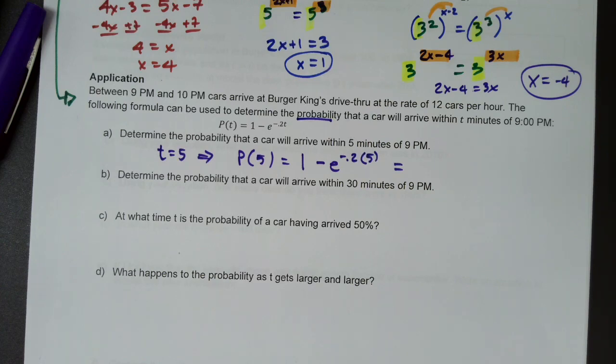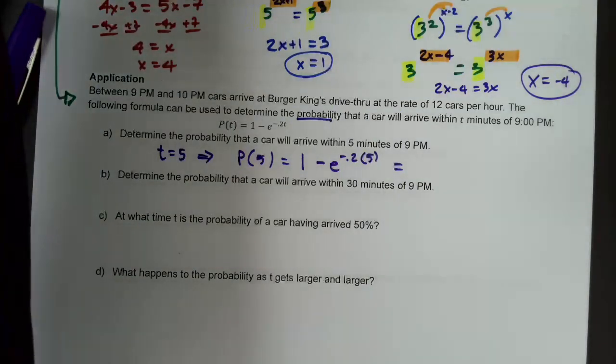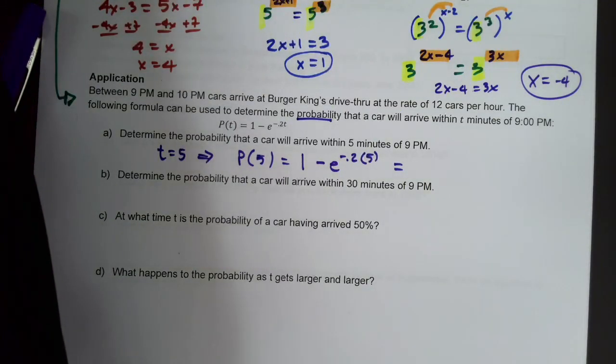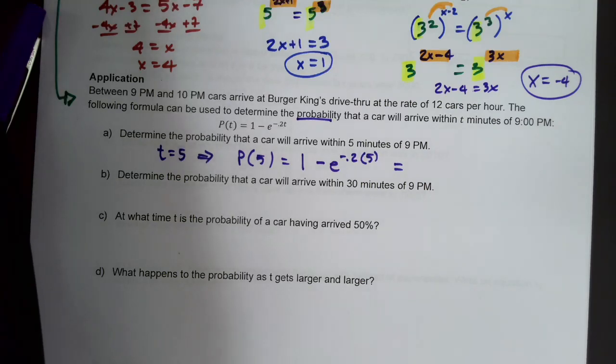There we go. All right, let's put that into our y equals, and our y1, we'll just go 1, and then minus, and then over here is that e, just to the left of 4, it's the natural log, the inverse of that, and then we'll put in a negative 0.2 and x.